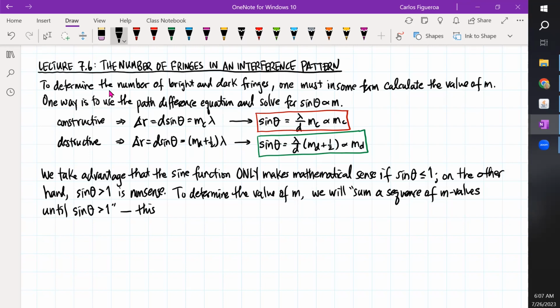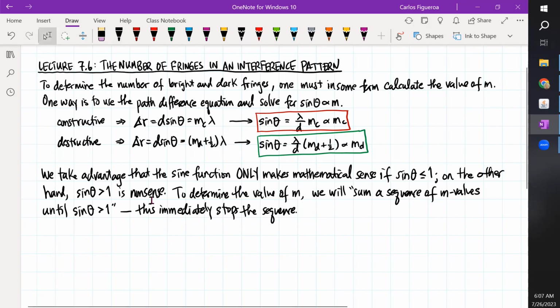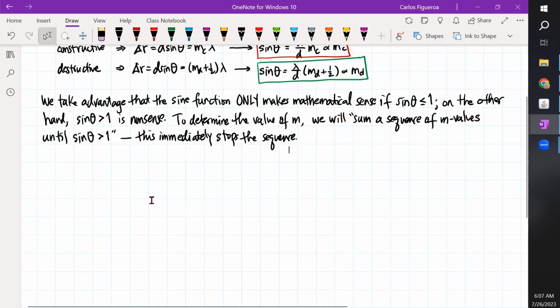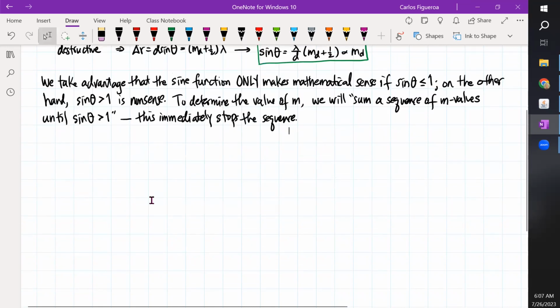This immediately stops the sequence. I need to put a little bit more time in showing you what I mean by that.